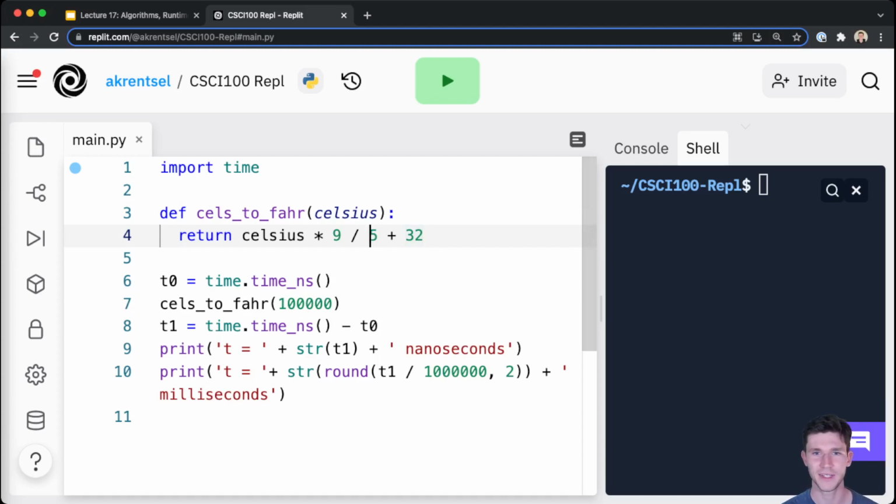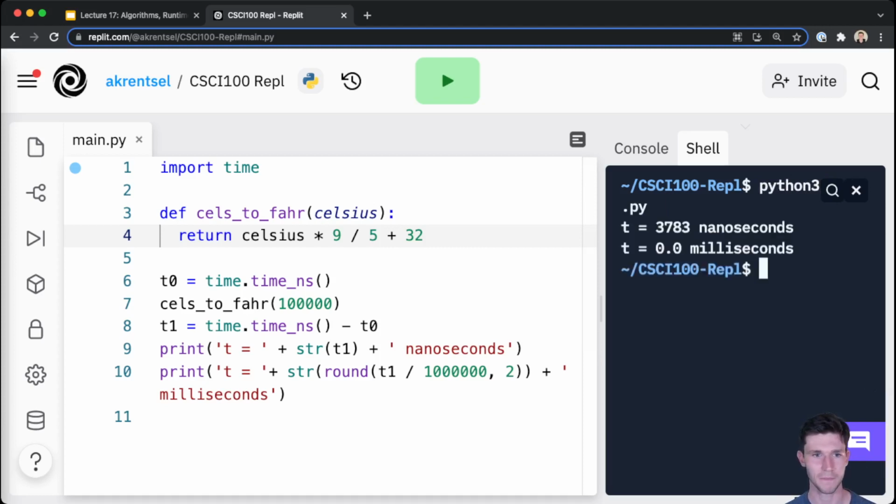Well, let's run it and find out. main.py. Okay, so our program took 3,783 nanoseconds. That's actually less than even 1/10 of a millisecond. There are a million nanoseconds in a millisecond.